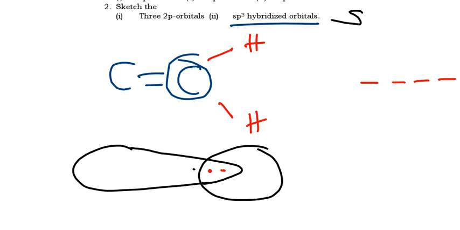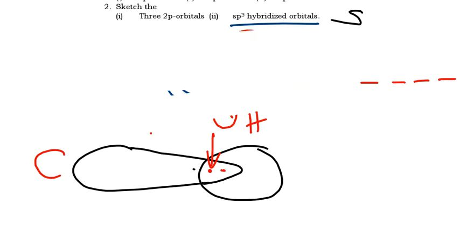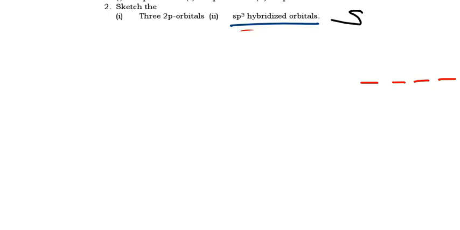So this is for hydrogen, this is for the carbon. Yeah, so this is a demonstration of an overlap between the sp3 and the s orbital of the hydrogen. Okay, so this bond is a sigma bond. So all these are sigma bonds. I said wherever you have a single bond, just know it's a sigma bond. Now I've gone too much into details, just trying to demonstrate this. I hope you've gotten the idea there though.